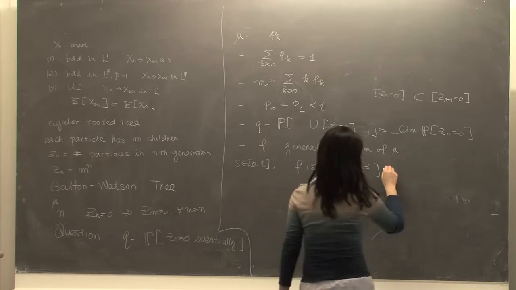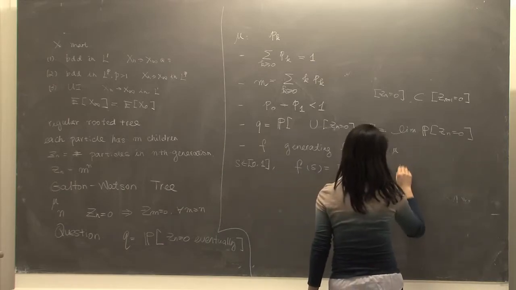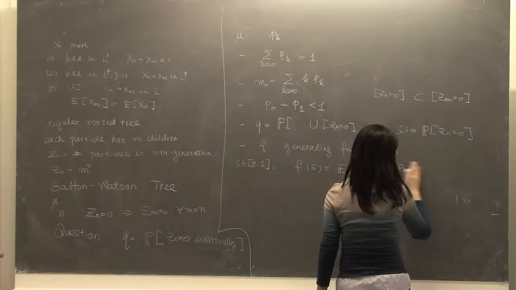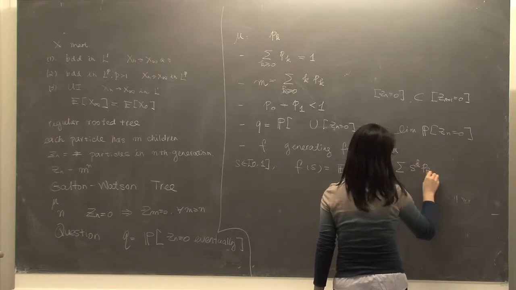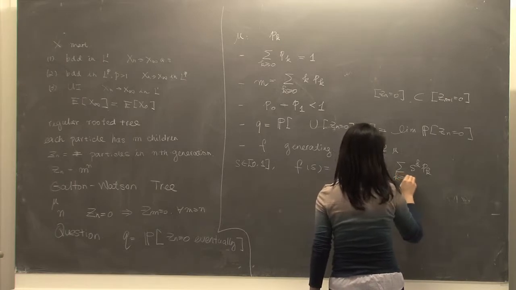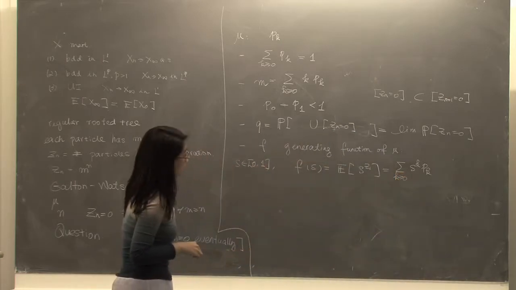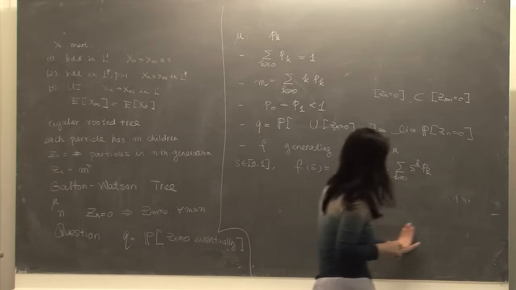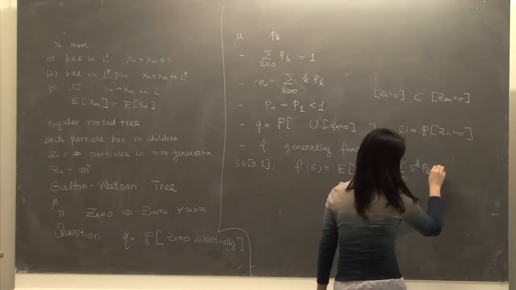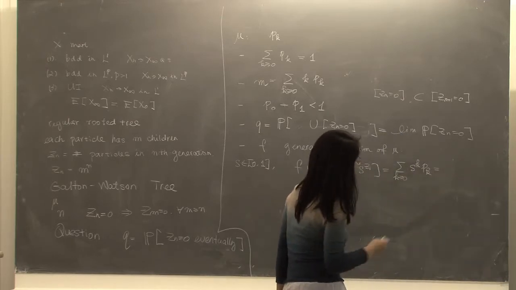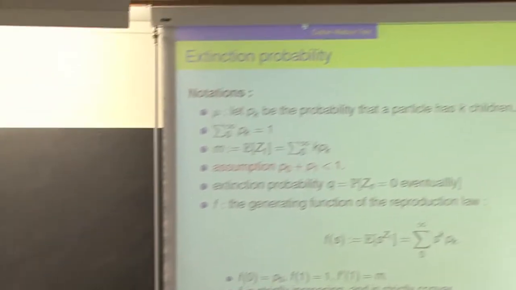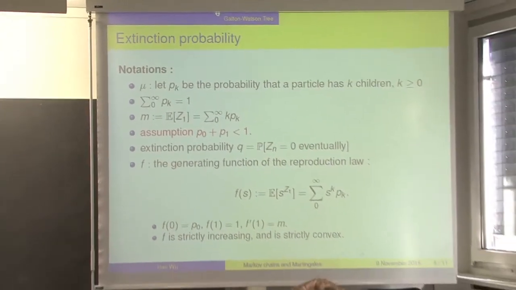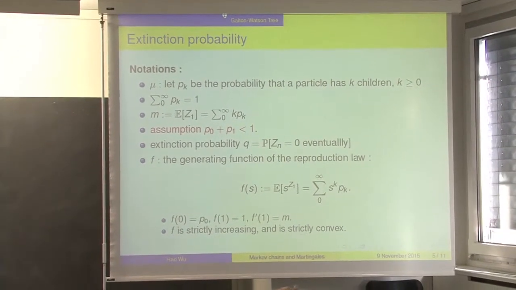Or if we want to write it out explicitly, it is p_0 plus p_1 s plus p_2 s squared, and so on. This is the generating function of this measure mu.